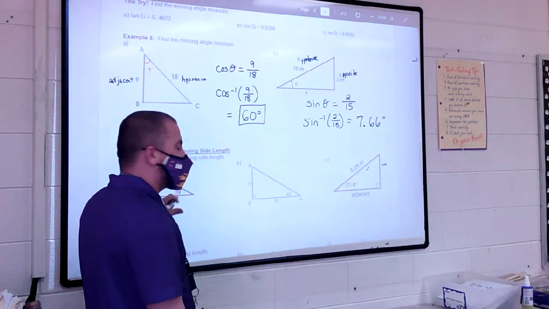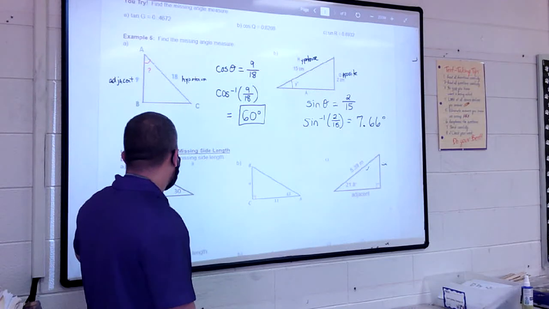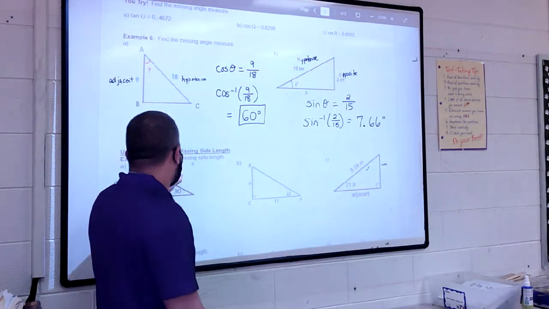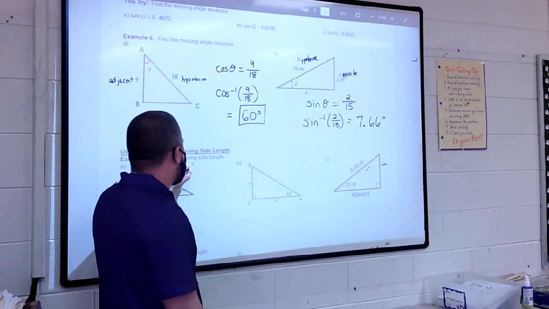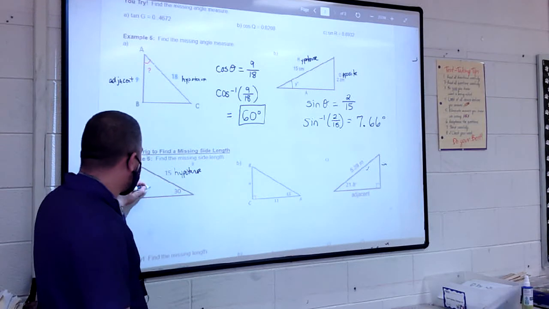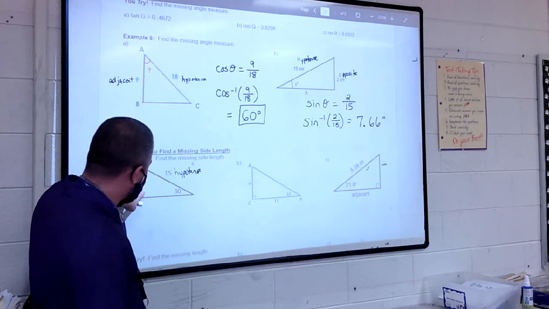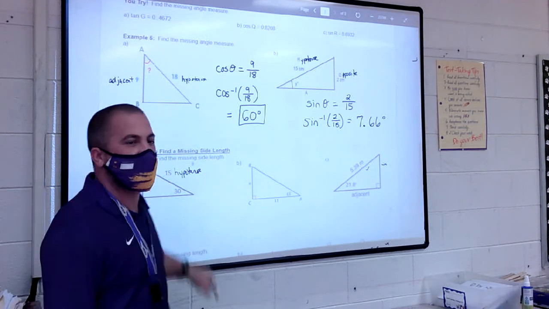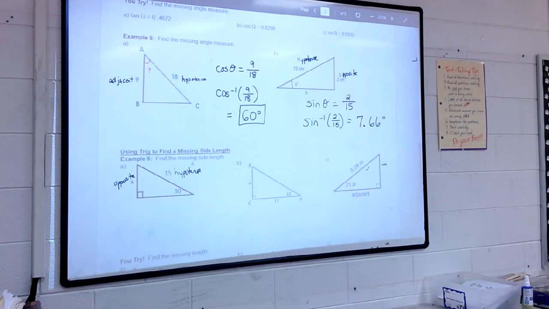Is it the adjacent or the hypotenuse? Hypotenuse. If you're having trouble figuring out if it's the adjacent or the hypotenuse, remember the right angle, basically where that right angle is pointing, is across from the hypotenuse. The hypotenuse is always the longest side of the triangle.